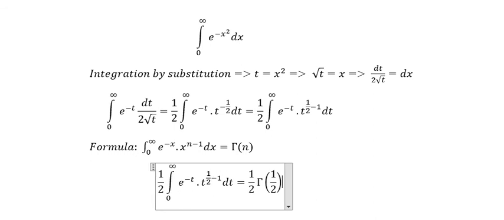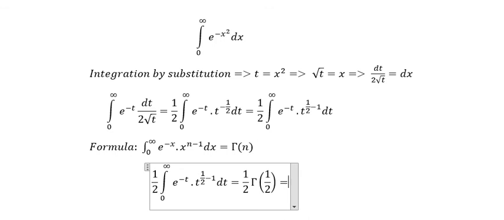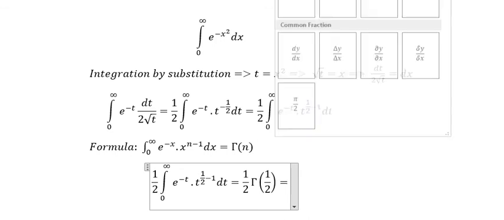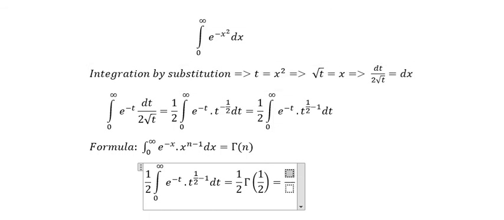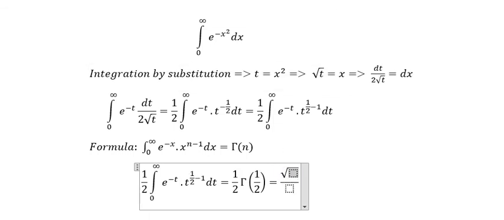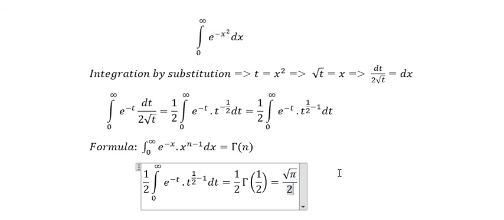We know that gamma of 1/2 is the square root of pi. And this is the final answer.